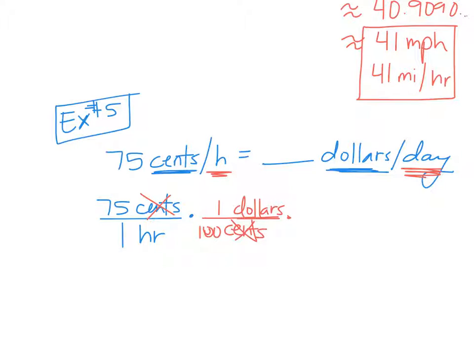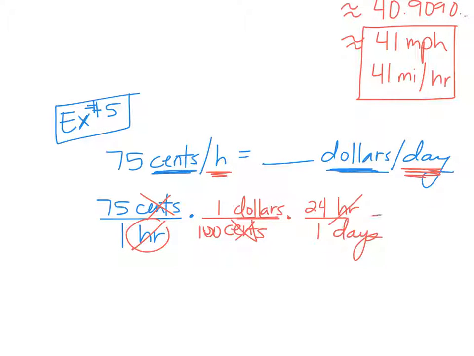I need to get from hours to days. So hours are on bottom right now. I need to put hours on top to cancel that out. And then hours will turn into days. So ask yourself how many hours for how many days. And that would be that there are 24 hours in 1 day.